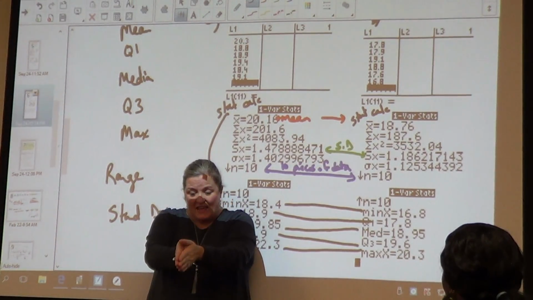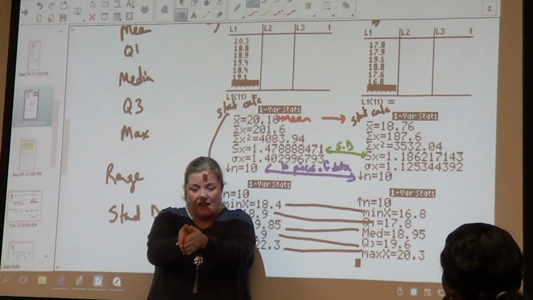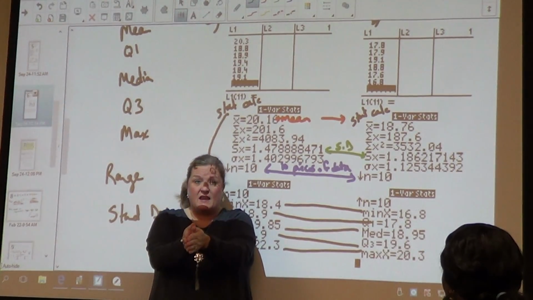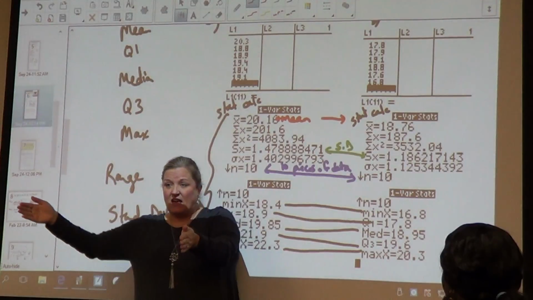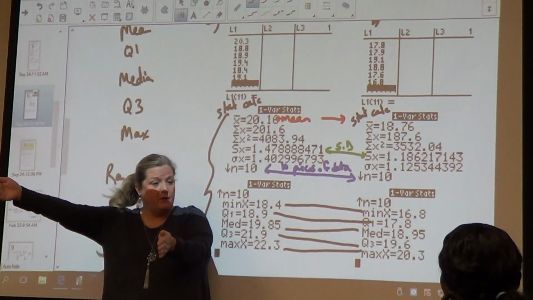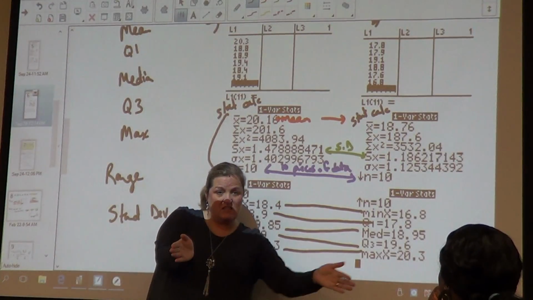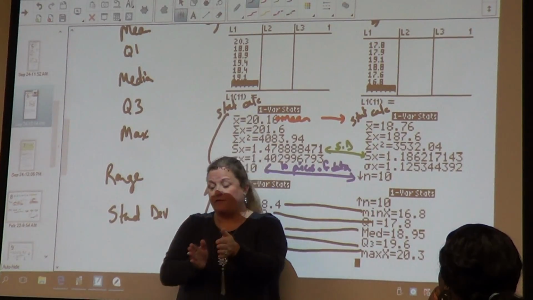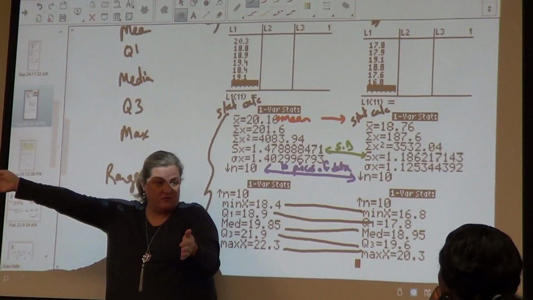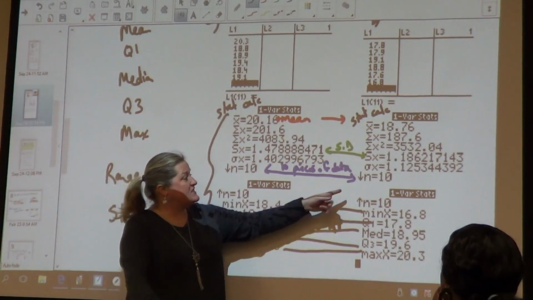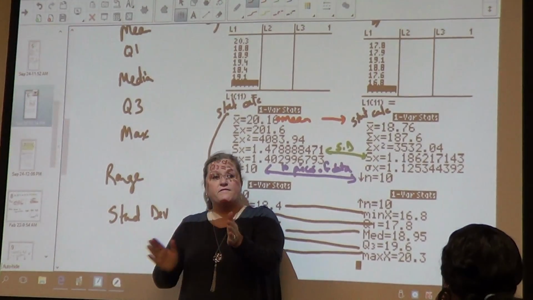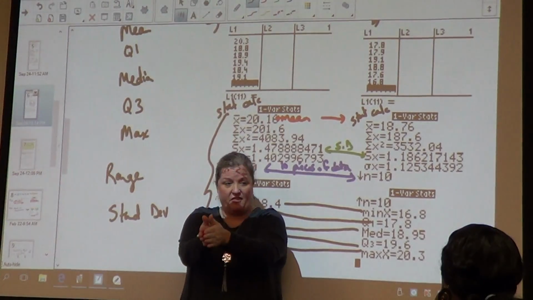But if I told you the average was an 80, and you made an 85, then you deviated on the positive side. You went above. But if I said the average was an 80 and you made a 75, then you deviated this way. So the further you are from the average, the bigger the deviation would be. So standard deviation is how far are you off the path of the class.